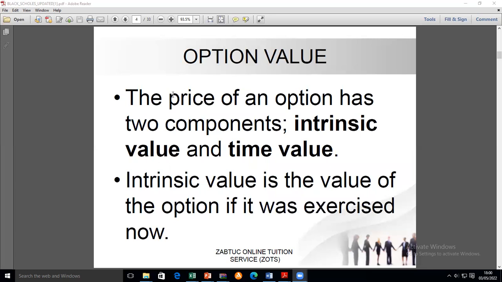Option value. The price of an option has two components. What are those components? The intrinsic value and the time value.